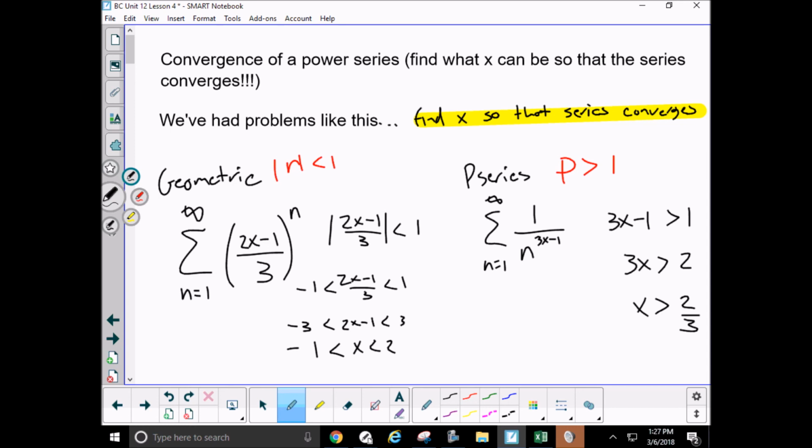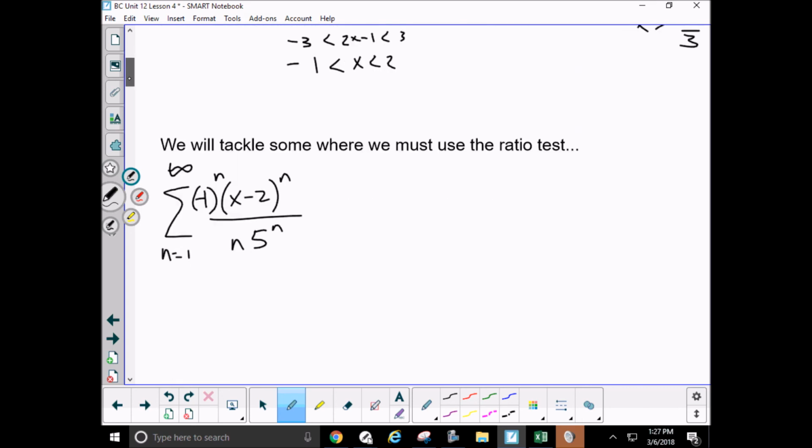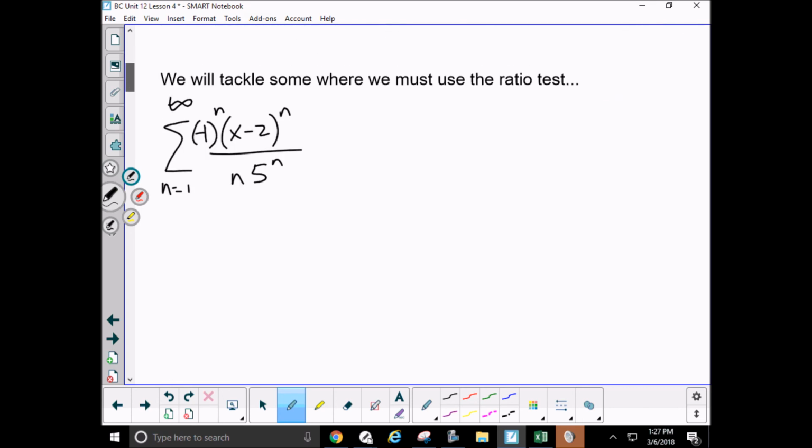Well, now we are going to have to do the same with these power series, where we can't rewrite it as a geometric series or as a p-series. This is just some other type of series. And I've got to figure out the x values that guarantee the convergence of this series.